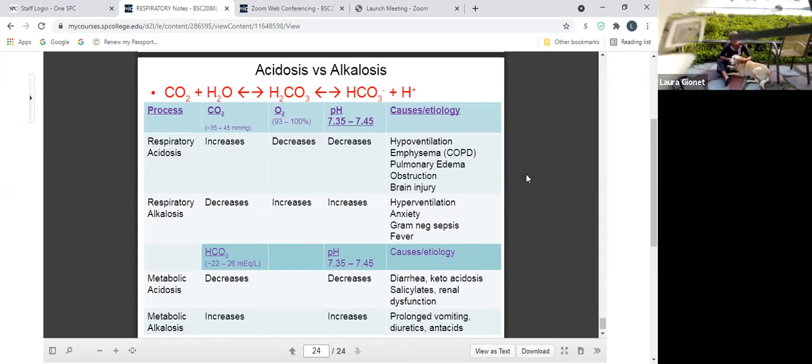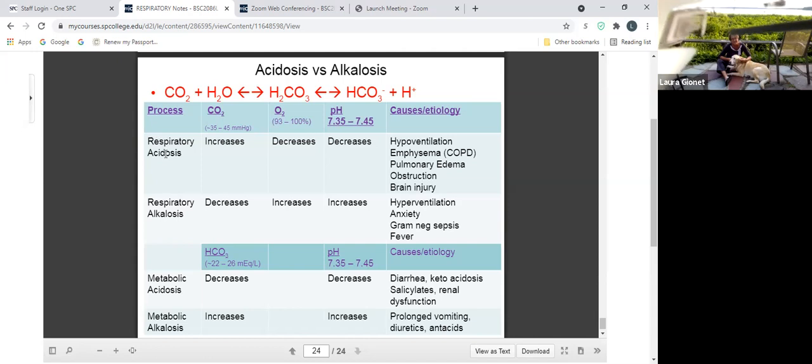What impact does that have on the pH of blood? Because we need to maintain a normal pH level of 7.35 to 7.45. So below that, we have a chart that talks about the process. And these are the acid-base balancings that we come back to on multiple occasions.